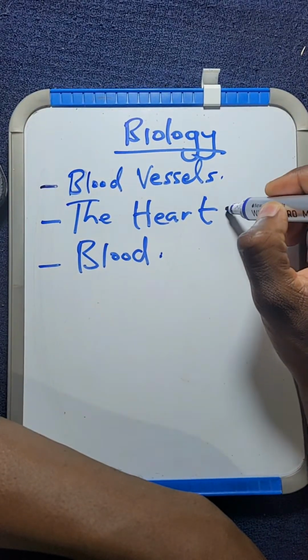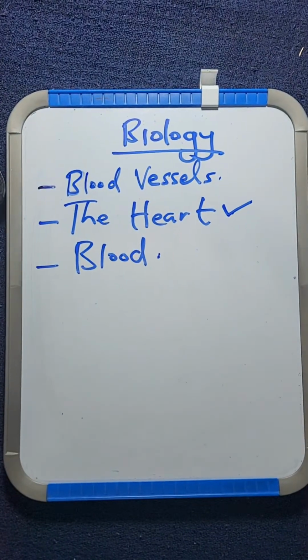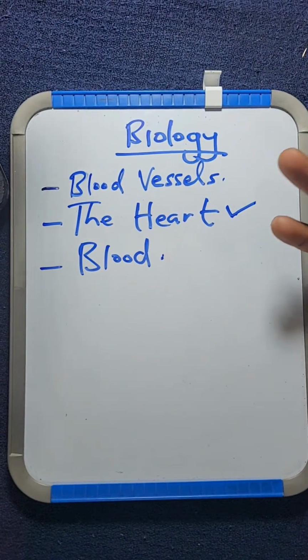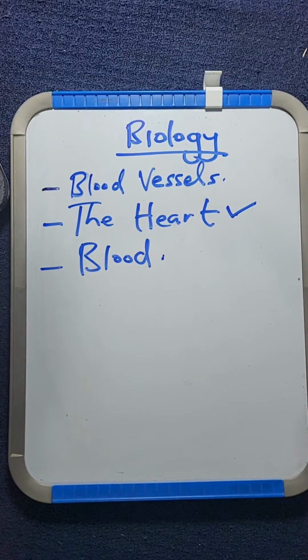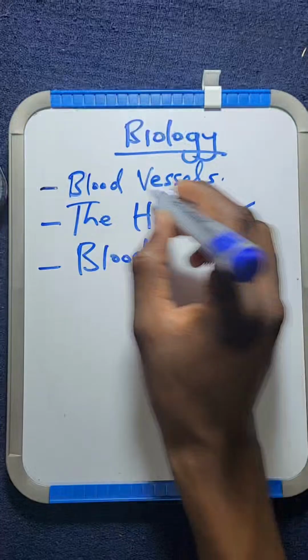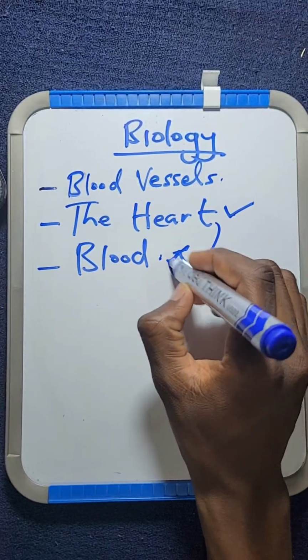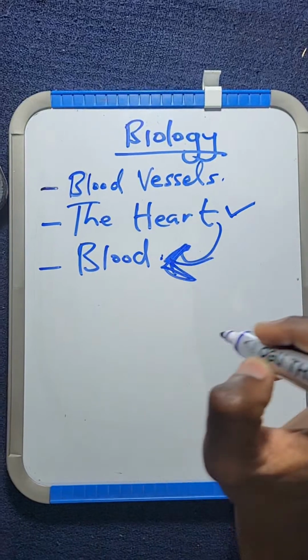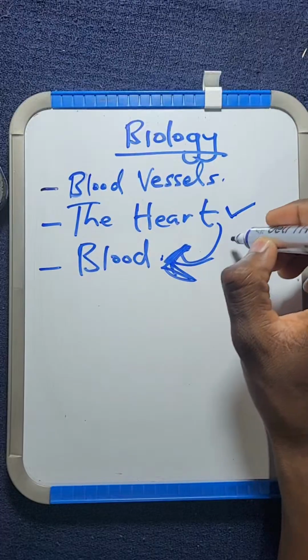And I want to focus on the heart. Okay, the heart. As we all know, the heart is a muscular organ, meaning it's made up of a muscle. And this muscular organ pumps blood to all parts of the body through what?